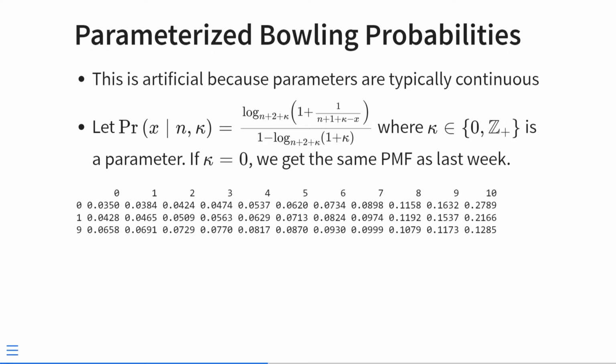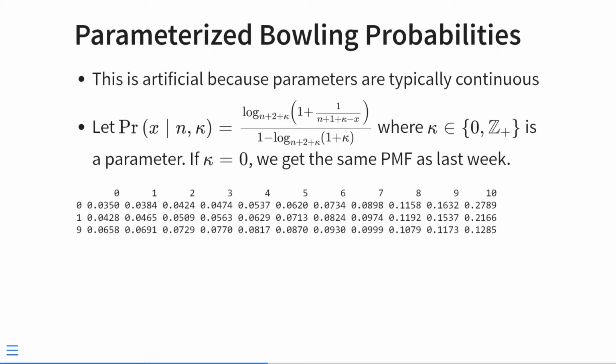And then we're going to divide by 1 minus the logarithm to base n plus 2 plus kappa of 1 plus kappa. That seems like a weird formula. But if kappa is 0, the logarithm of 1 is 0, so 1 minus 0 is just 1. And if kappa is 0, we get back exactly the probability mass function that we were using last time.